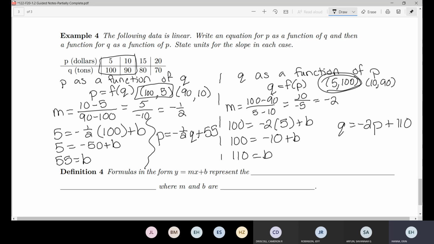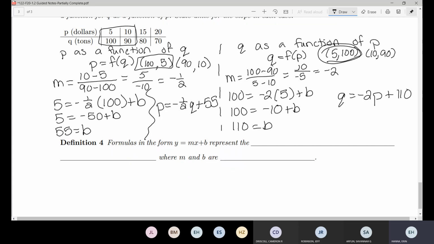Okie doke. The last definition of this section is that formulas of the form y equals mx plus b represent what is called the family of linear functions. And m and b are called the parameters.